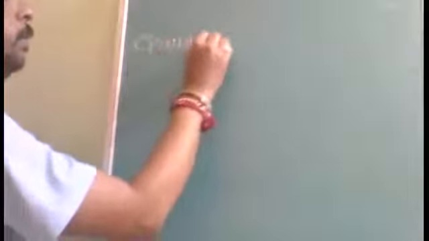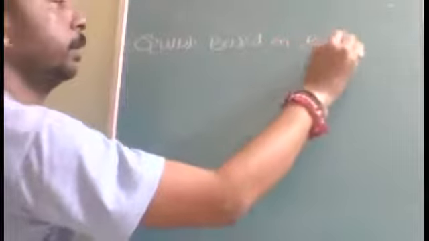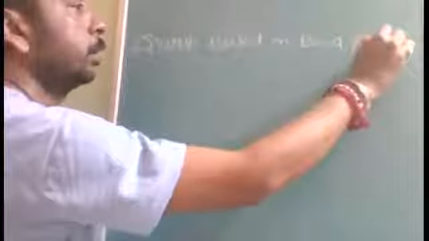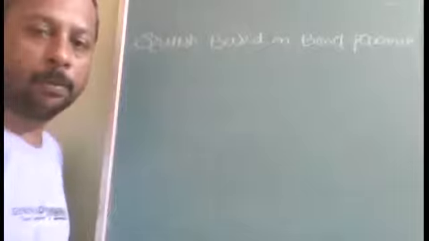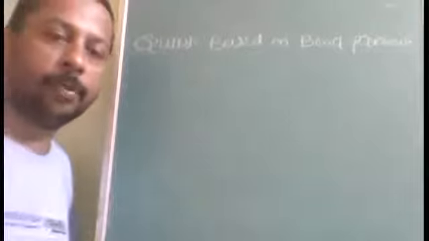As we have got sufficient practice on bond angle, now we will do combined questions on the complete bond parameters. Write down questions based on bond parameters. Bond order is nothing to discuss, we already discussed separately how to find it.